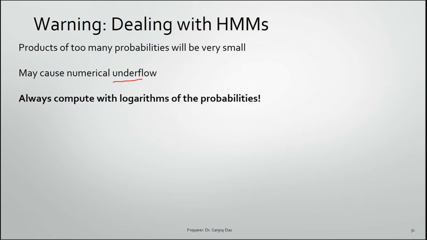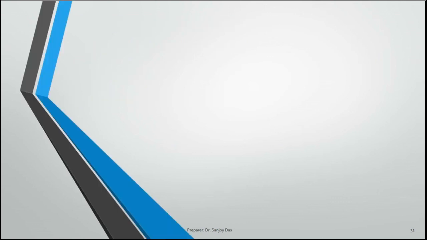You store log probabilities, and instead of the products, you add them up together. Only when addition is required do you actually go ahead and take the inverse log and then do the multiplication. But right after you add them up, you again take the log. So always handle logs. I mean, always use logs. The end.